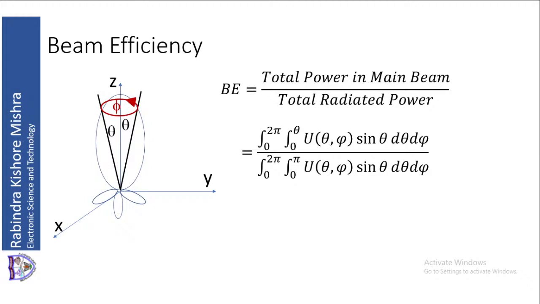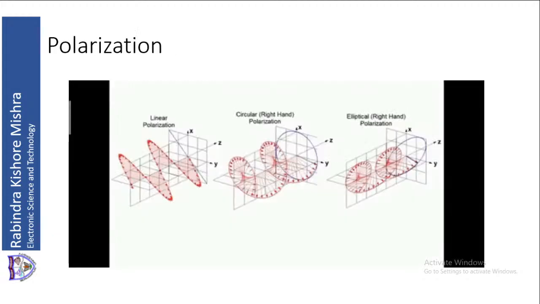This is divided by the total radiated power: 0 to 2 pi for phi, 0 to pi for theta, all angles of theta, of U(theta, phi) sine theta d theta d phi. So this is how you define beam efficiency.